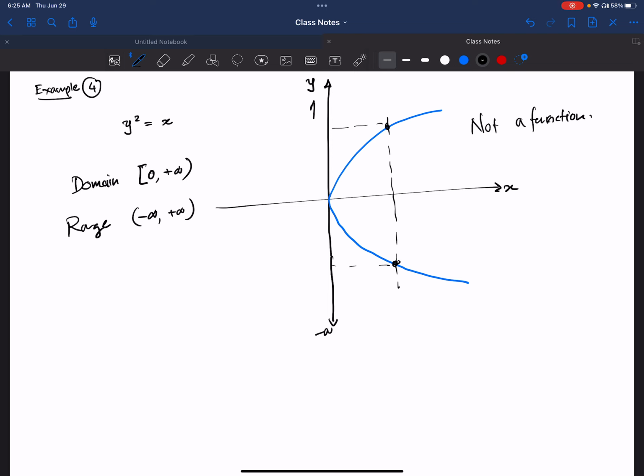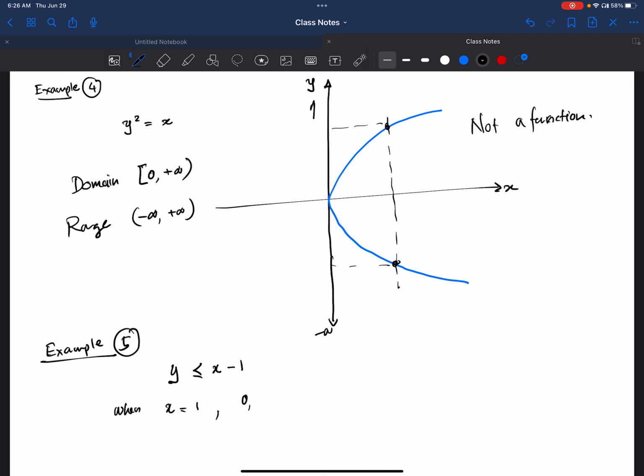Another, different type of example: y is less than or equal to x minus 1. Let's take this as an example. When x equals 1, y could be less than or equal to 0.